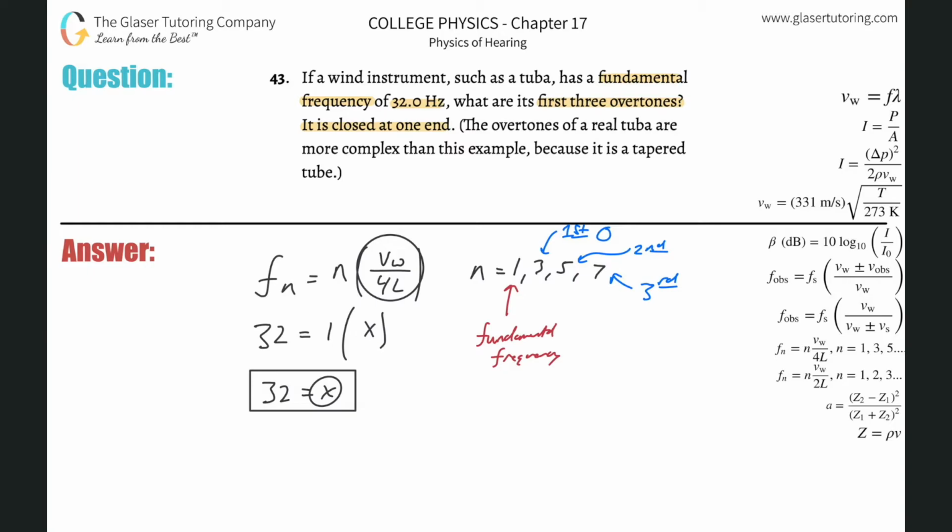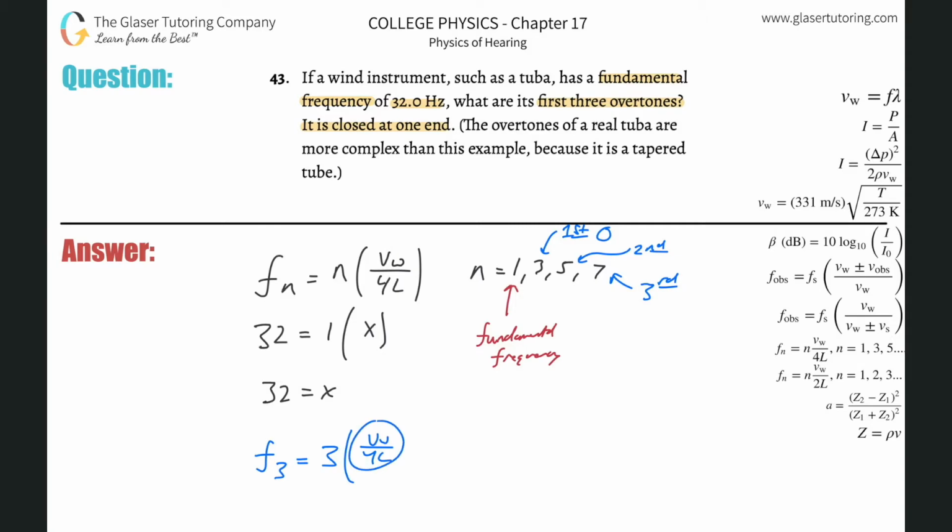But remember that the velocity of sound is not going to be changing, and the length of the tuba is not going to be changing either. So this is like a constant. So when I find the next harmonic, the first overtone, I would say the frequency of the third harmonic, because the third harmonic correlates with the first overtone, is equal to 3, that's the n value, multiplied by this v over 4L, which we do know.